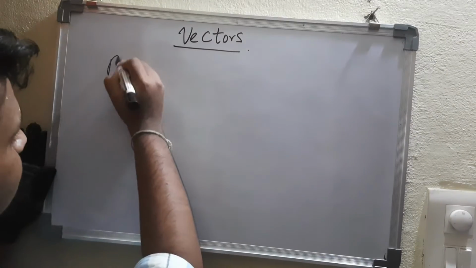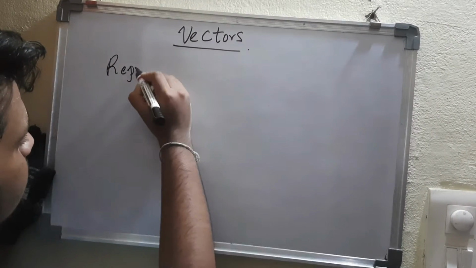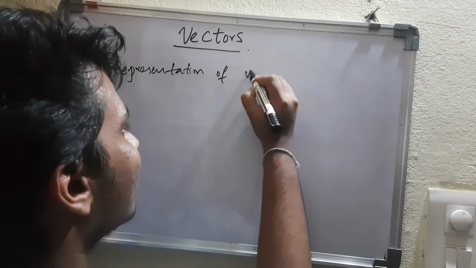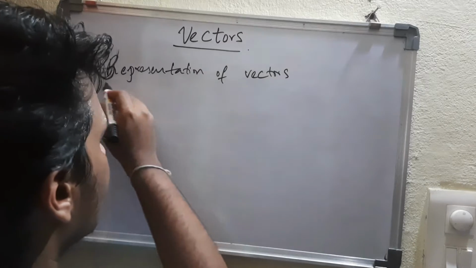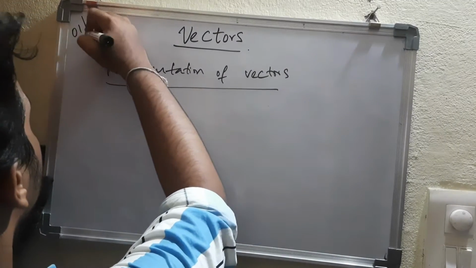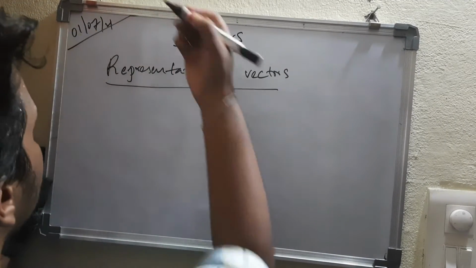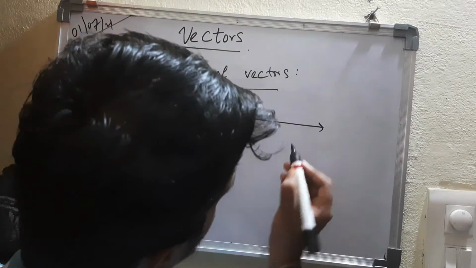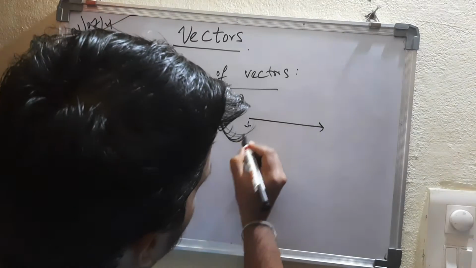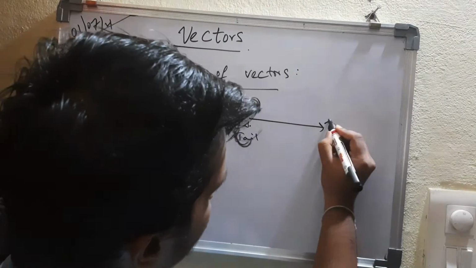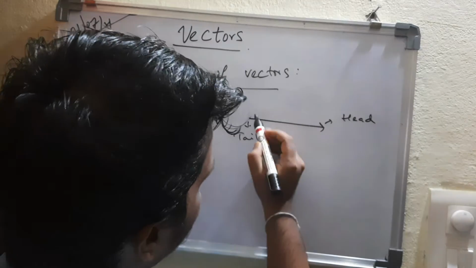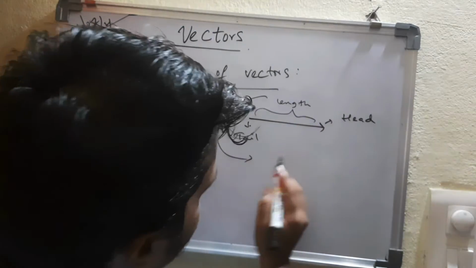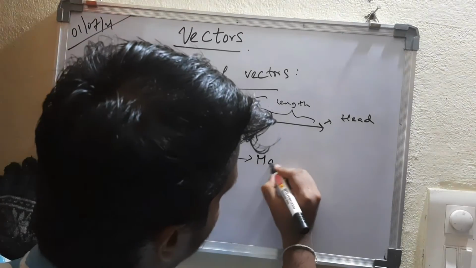Now coming to the representation of vectors. Today's date 01/07/21. A vector is represented by an arrow, which this one is called tail, this one is called head, and this length represents the magnitude.